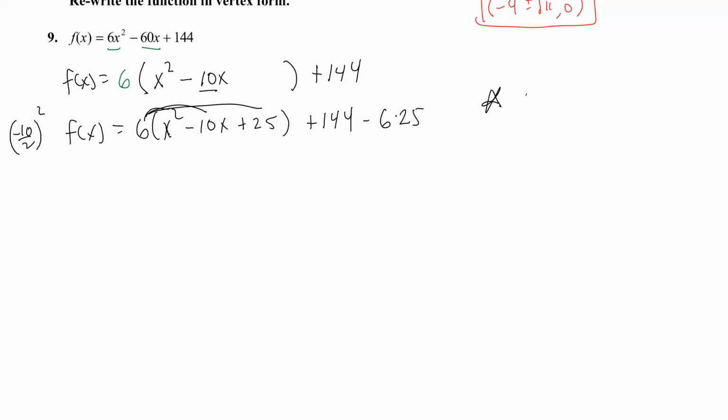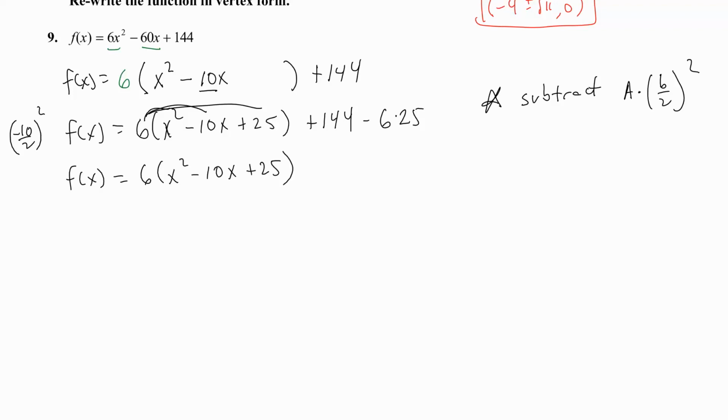We're going to subtract a times b over 2 squared. Really, that's true for all the problems, just the a was 1 on the earlier ones. So we simplify that. 6 times 25 is 150, and subtracting that from 144, we get negative 6.